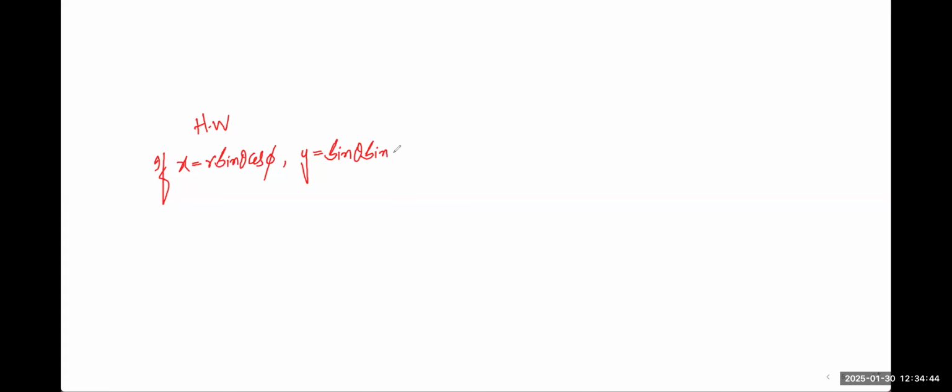Sin theta and sin phi. And you can see z value is equal to r cos theta. This is the question we have to evaluate. Compulsory, please do this question.